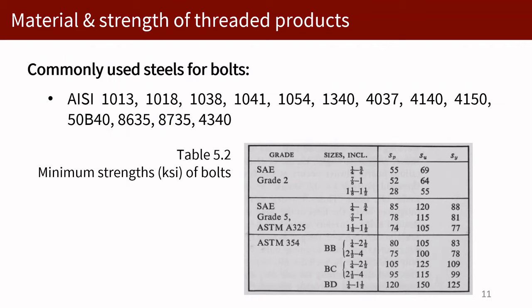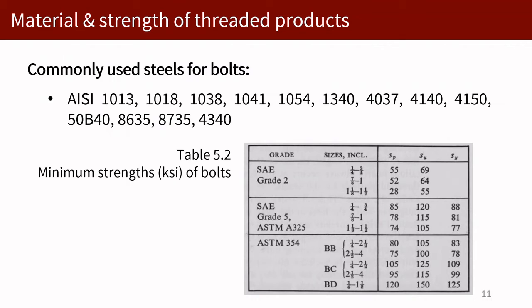These steels are typically what you see in a machine shop, and they are abundant metals.